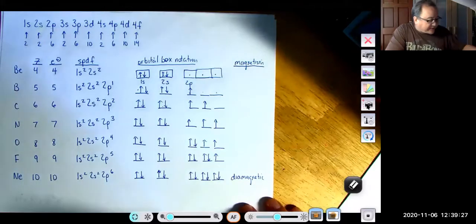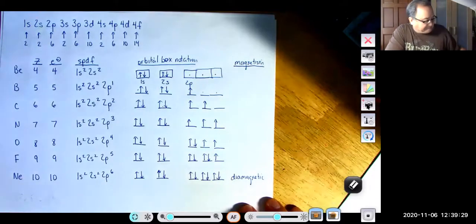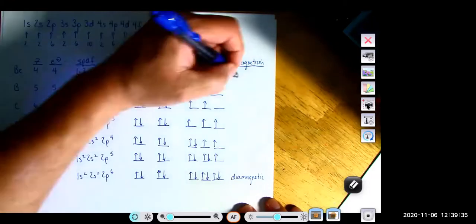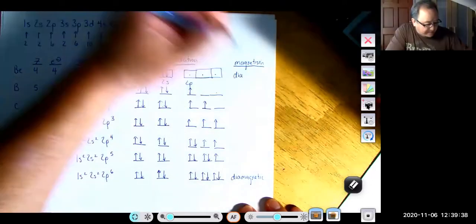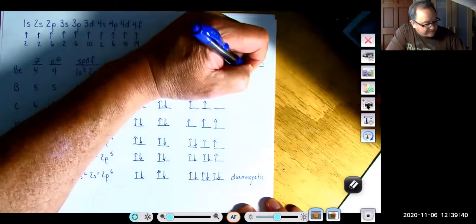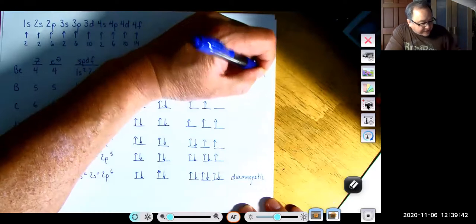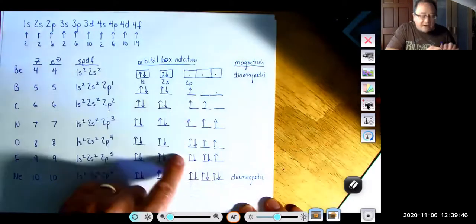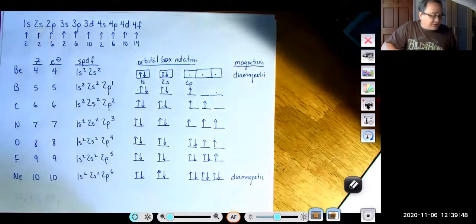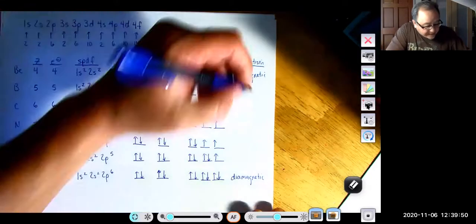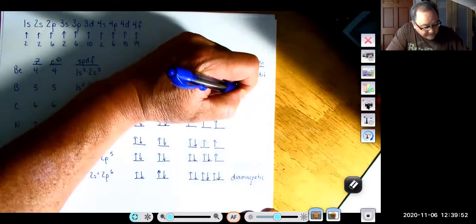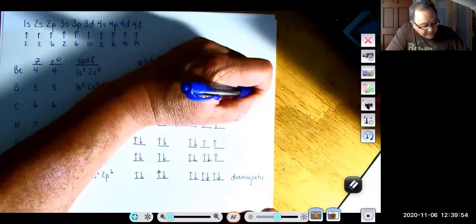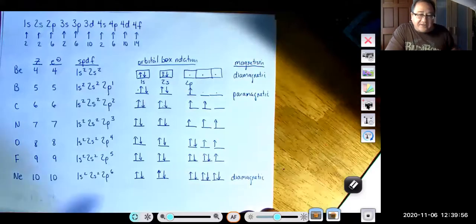Is there anything else here that's diamagnetic? Beryllium. That's right. And everything else has an unpaired electron. It doesn't matter how many are unpaired, you just need one, and it's then paramagnetic. Now I'm getting lazy here, so I'm not going to write this word out again.